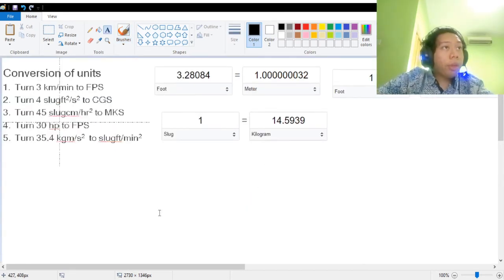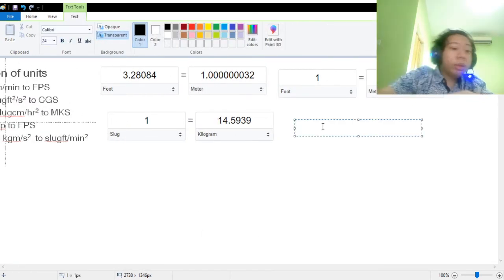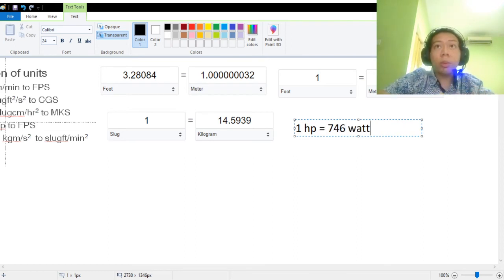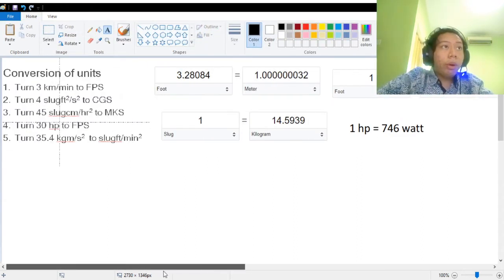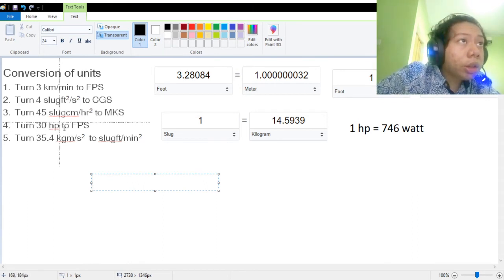And the fourth question is 30 HP, and HP is horsepower, and I want to let you know that 1 HP is equal to 746 watt. So 30 horsepower to FPS.